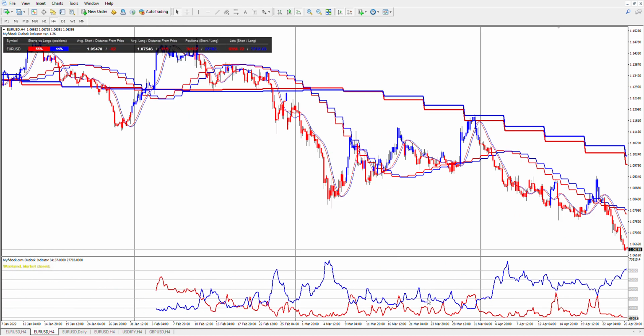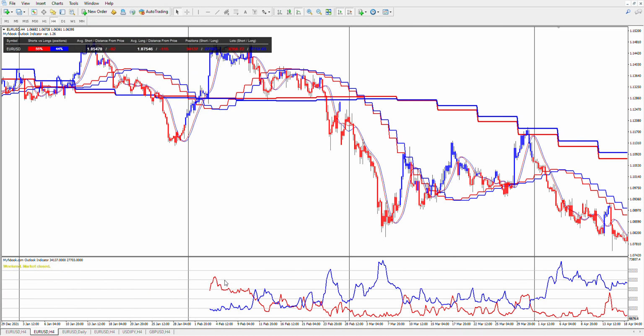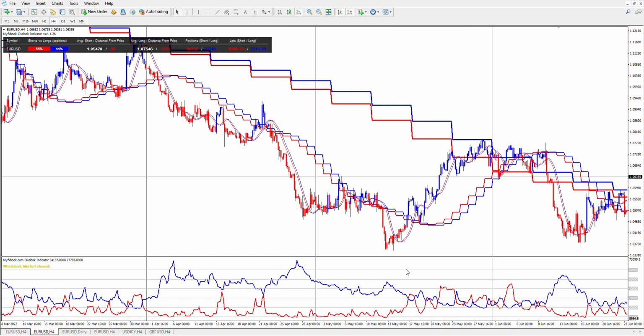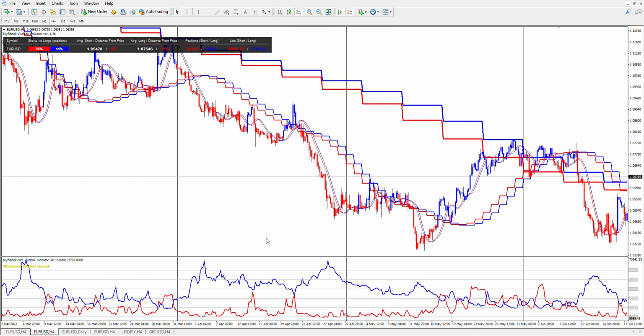When we have the red line above, like here, then we sell. So we do the opposite of what the retailers are doing. And you see it was pretty clear, for example, in April, it was so simple. You see most of April last year, straight from the beginning of the month, you could see that the bulls dominated, so it means price will be going down.